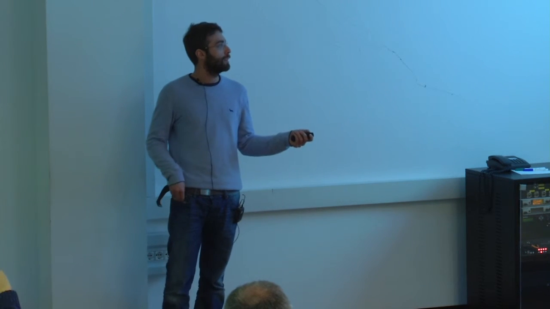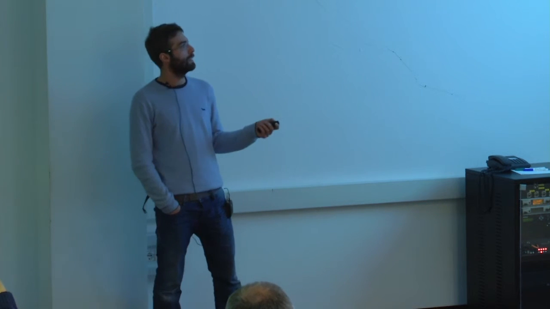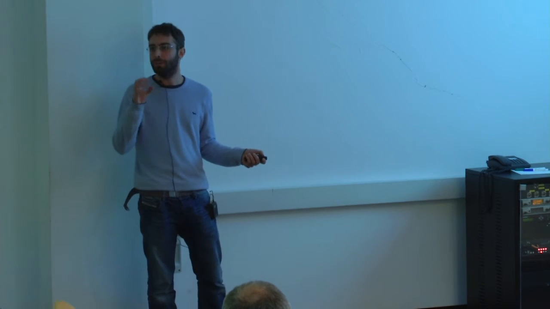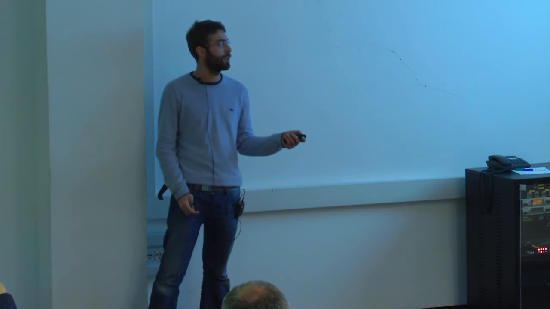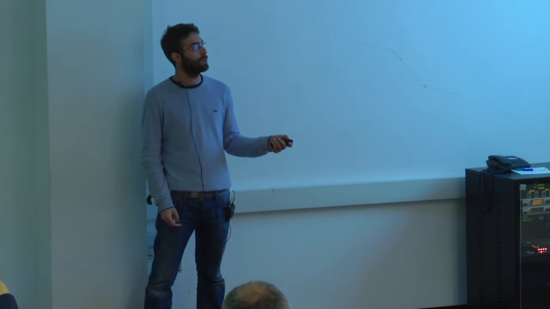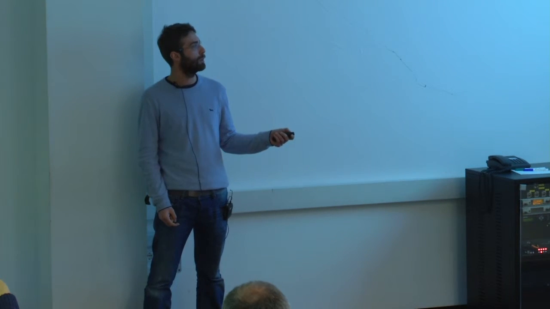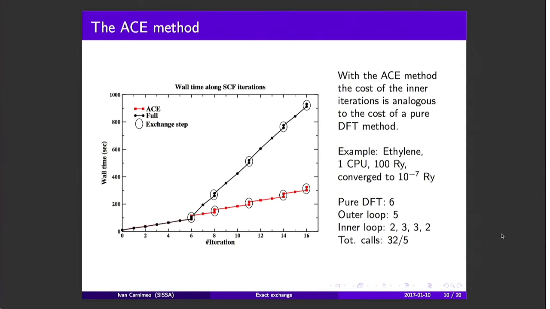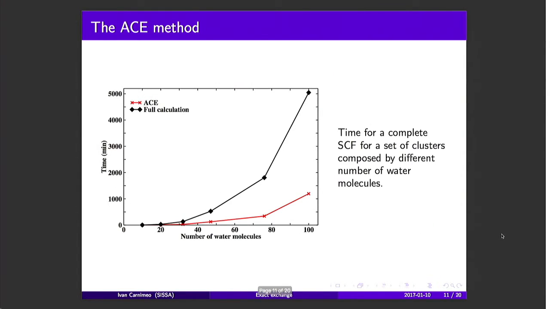So the advantage is that in this case, rather than calling the subroutine which calculates the full exchange potential 32 times, we just need to do it 5 times, so only in the outer loops here. So the advantage is in the inner loop, so it's strictly related to the structure of the double loop of the SCF code.